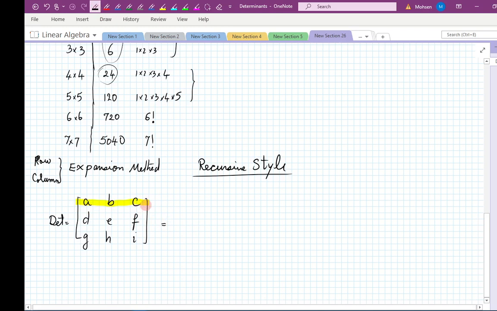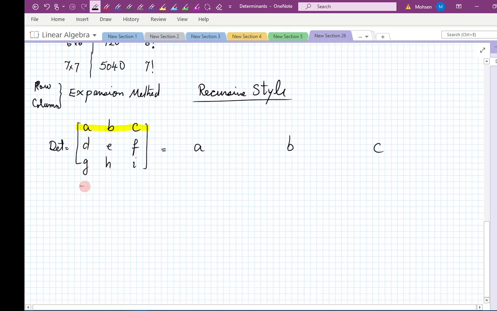Now I'm going to write the elements of that row that I looked at here, space them out because I'm going to write a lot of other stuff. Next, I go ahead, make a checkerboard sign that starts with plus at the upper left and then flip-flops.